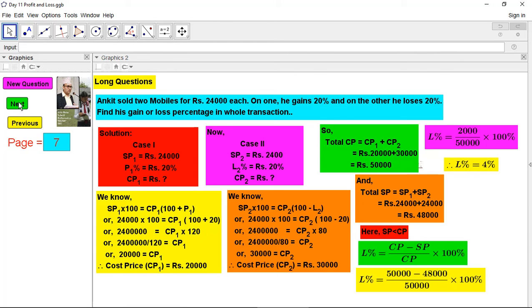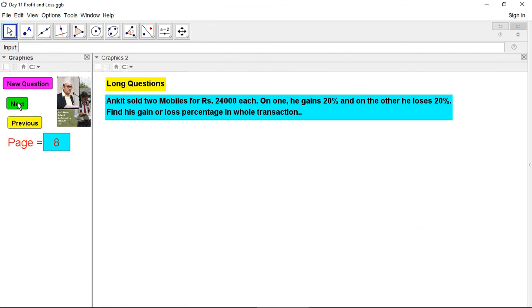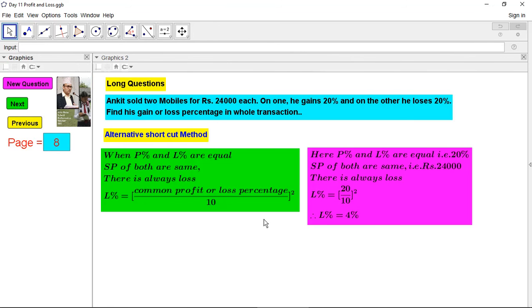Now the very important part, dear students. Same question by alternative method. Within this step also we can find. If profit percent and loss percent are equal, 20 and 20 given, and SP of both are the same, 24,000 each, in this case there will always be a loss, which is (profit or loss percent by 10) whole squared.